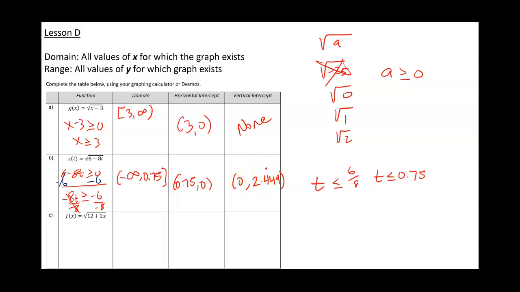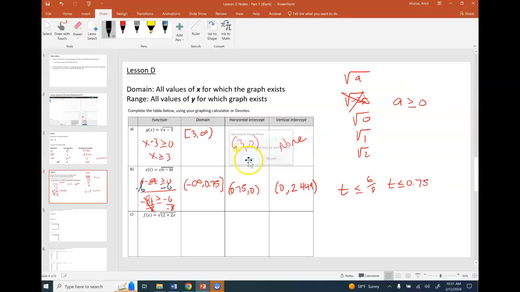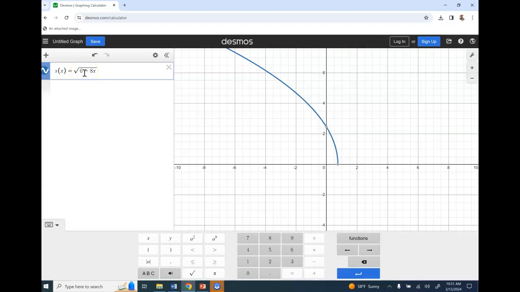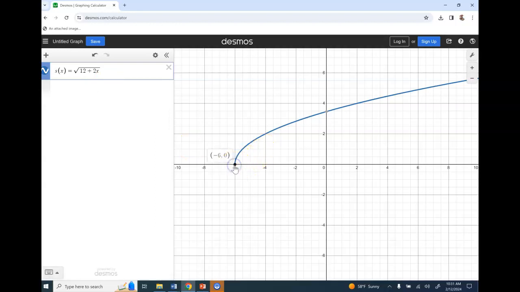Okay, now same thing for the last one. We have radical 12 plus 2x. So I'm going to have 12 plus 2x. So we can see that my x values start at -6 and they go towards positive infinity. My horizontal intercept is -6, 0, and my vertical intercept is 0, 3.464.